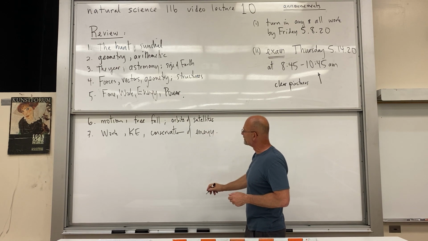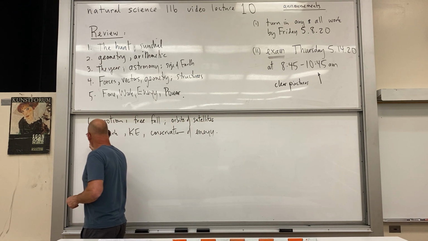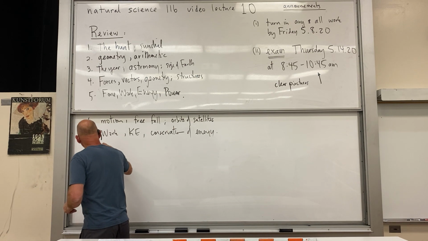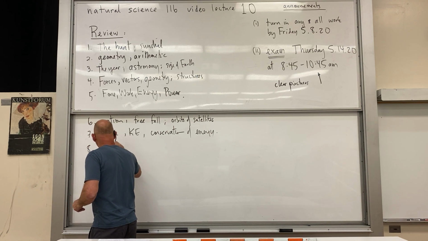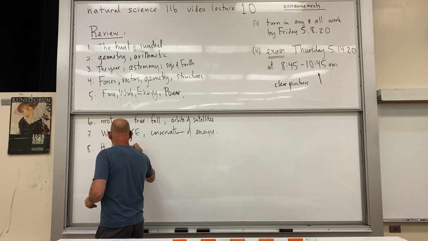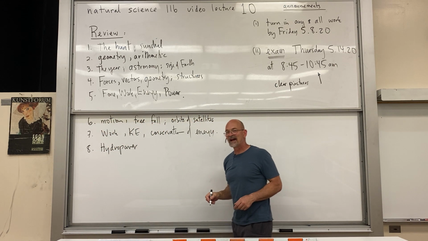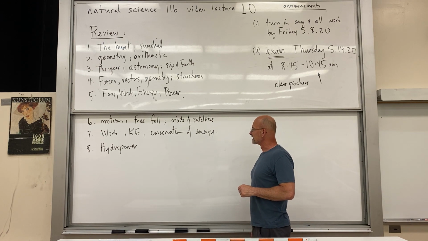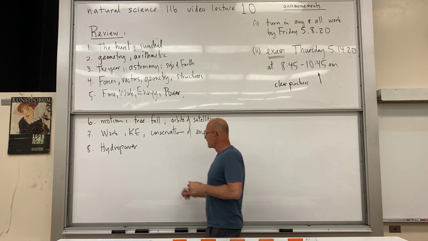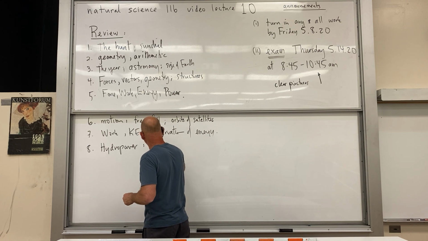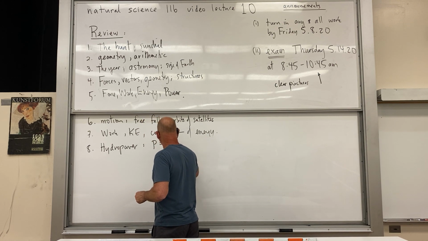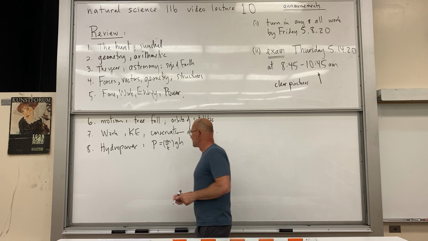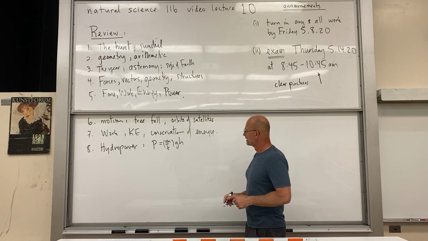So then we had conservation of energy, and at this point we were ready to talk about hydropower. So hydropower, I always said, that's central to the entire course. We'll definitely have something on hydropower again on the final exam. Remember, we had that power formula, and it used so much, okay?